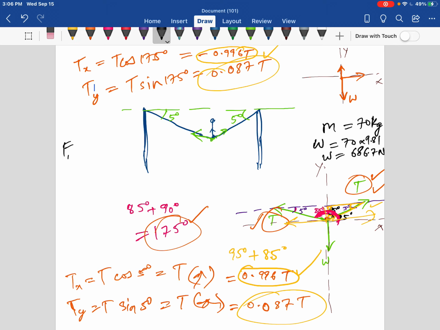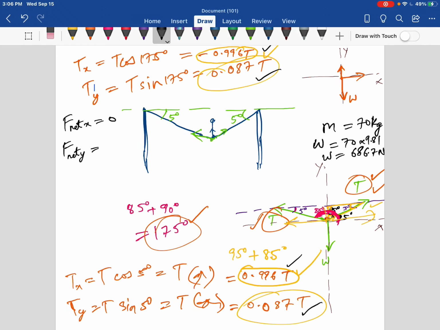Now if you add up all the y forces, the net force in the y direction. First of all, net force in the x direction is 0, because these are the only two forces and both of them are canceling out. Net force in the y direction, you have to do this plus this because they get added up, right?